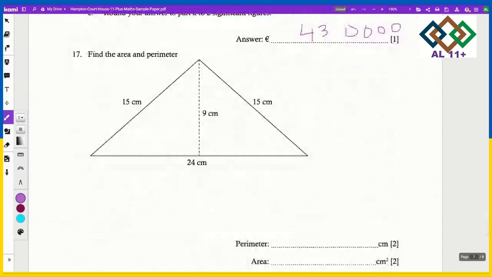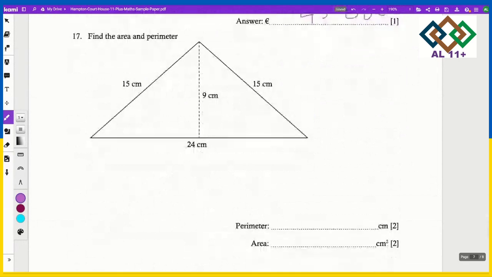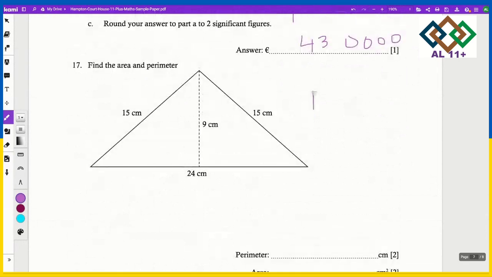Now in 17, you have to find the area and the perimeter. The area equals to base times height divided by 2. So that is 24 multiplied by 9 and divided by 2. That is 108.